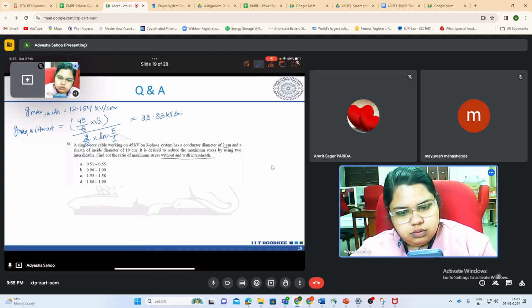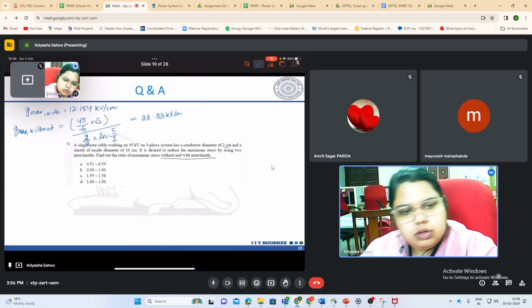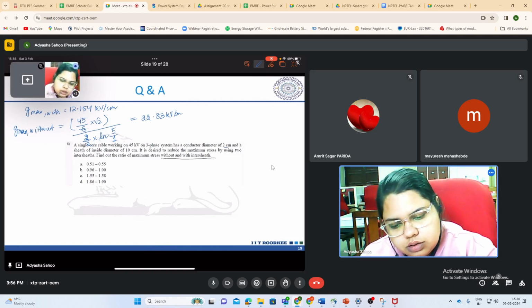45 divided by root 3. Yeah, so this will be 22.83, and you need the ratio of without and with.